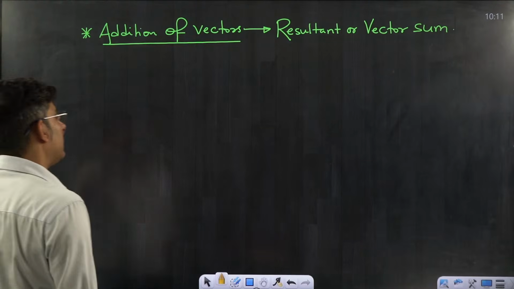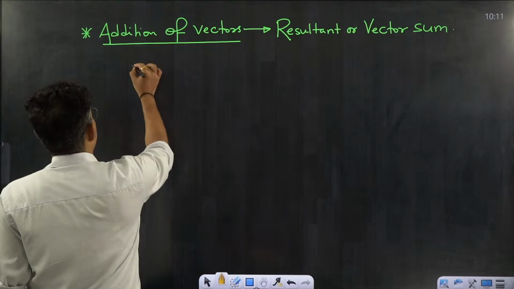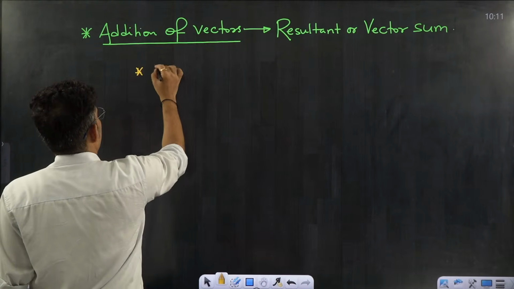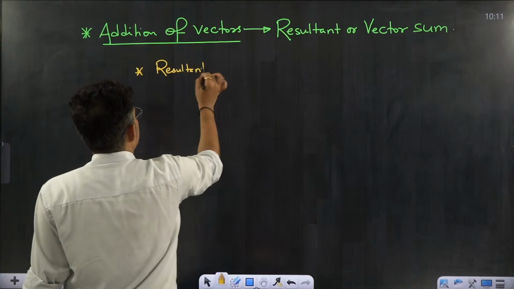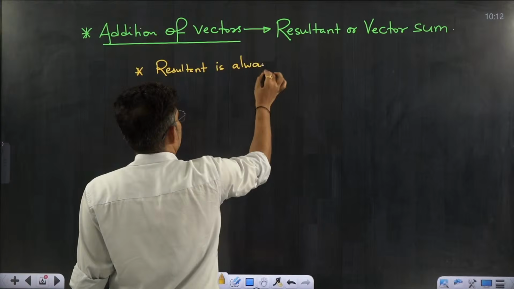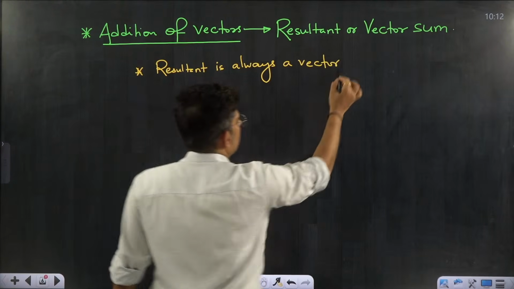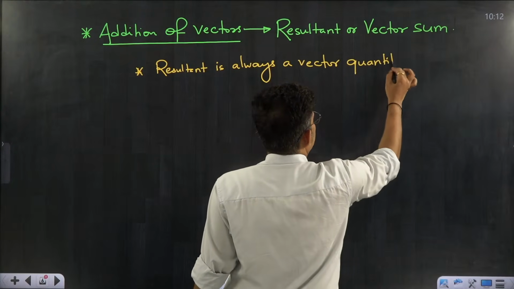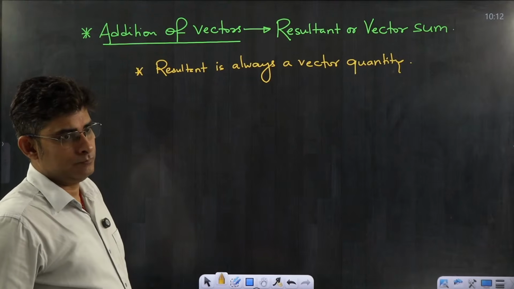So addition of vectors, resultant or vector sum. First of all, first point very important, the resultant or vector sum is always a vector quantity. So if you are taking the vector sum of two or more vectors, the resultant or vector sum is always a vector quantity. Clear?